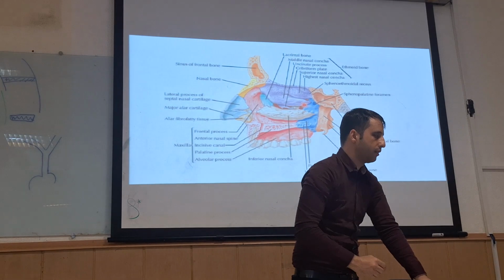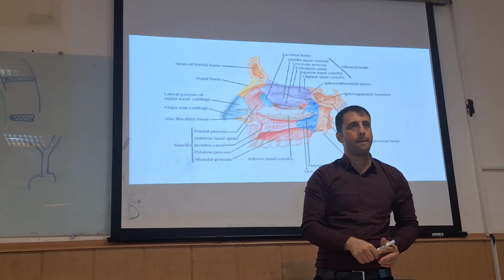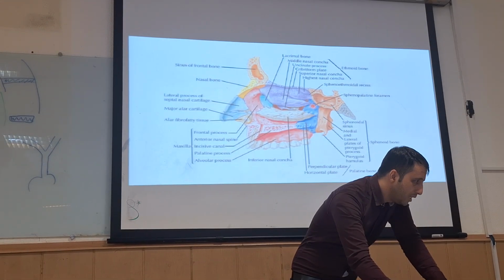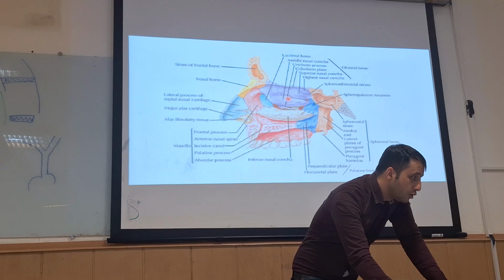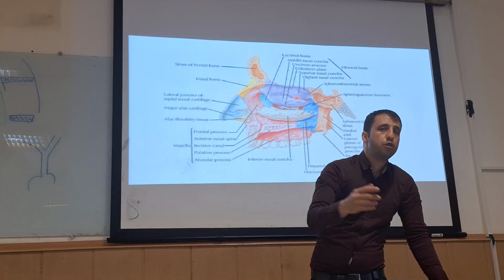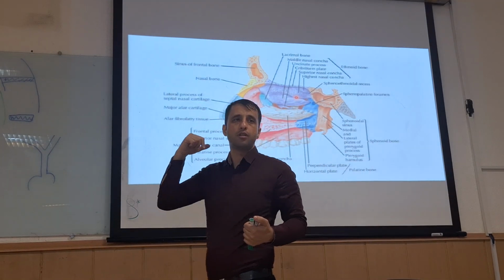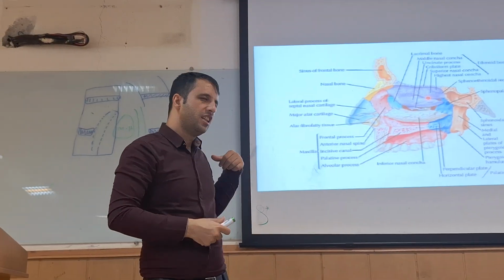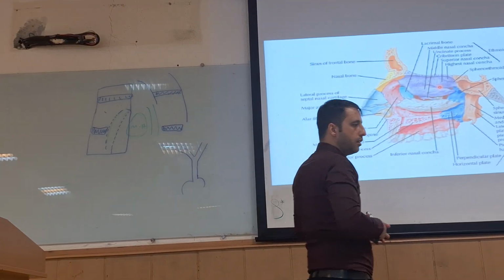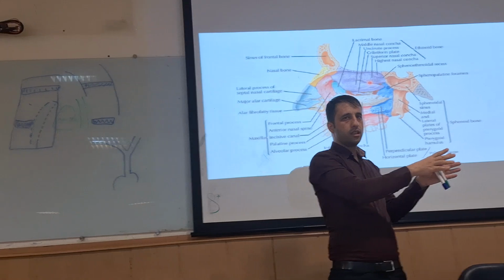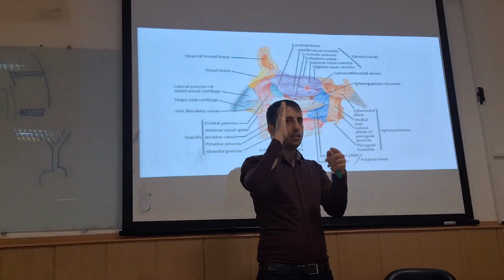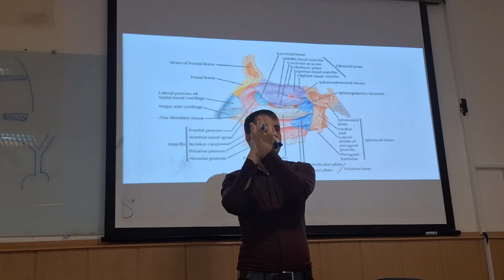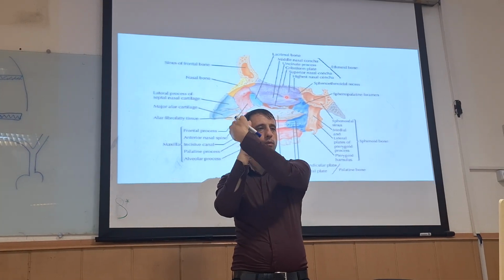The sphenopalatine foramen connects the superior meatus to the pterygopalatine fossa. I will talk about the pterygopalatine fossa next week. But here you know that this foramen is located medially between the superior meatus, and laterally the pterygopalatine fossa.